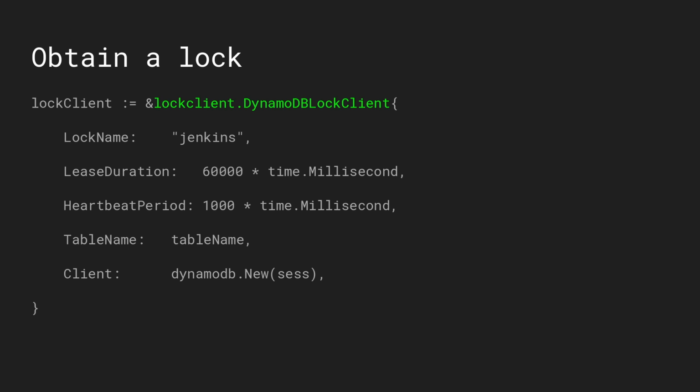That's how you ensure that for a particular program you can only have a lock of a certain name, so you can have a program running only once. So you give it a lock name, a lease duration, a heartbeat period, a table name, which is the DynamoDB table name that you want to use, and then you give it a client, which is a DynamoDB client, for which you have to use the AWS Go SDK.